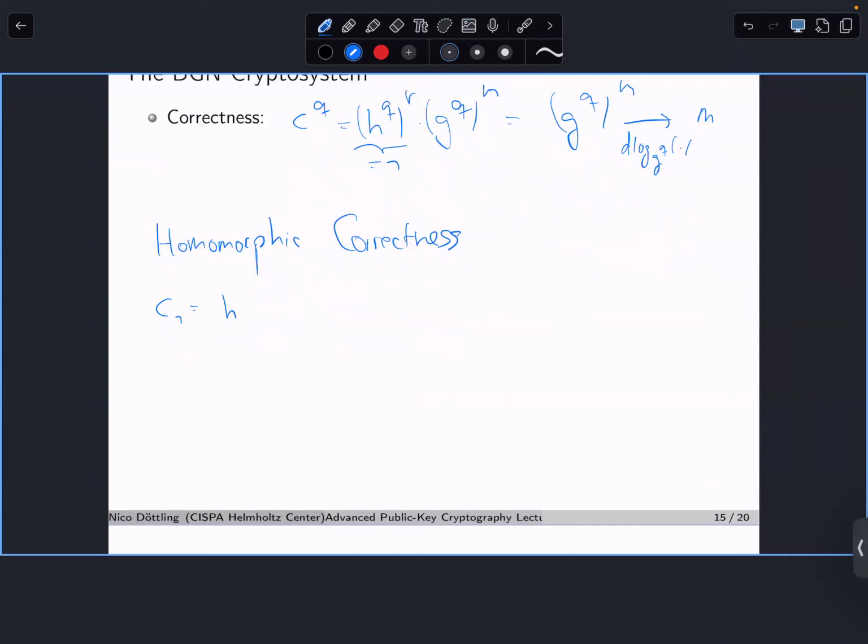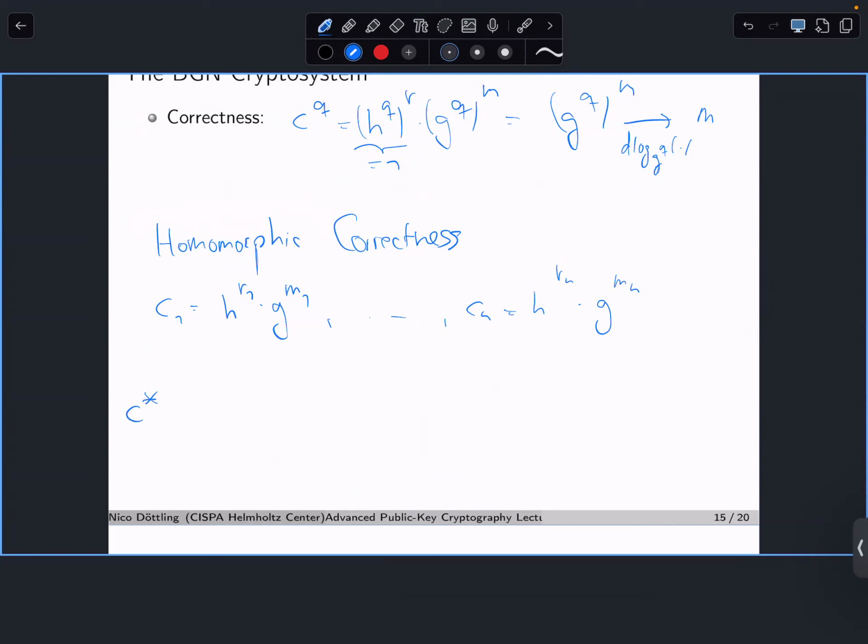Let's say C1 is H to the R1, G to the M1, and Cn is H to the Rn times G to the Mn. Now let's compute a homomorphic ciphertext.